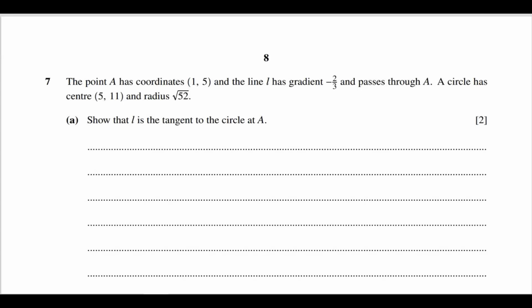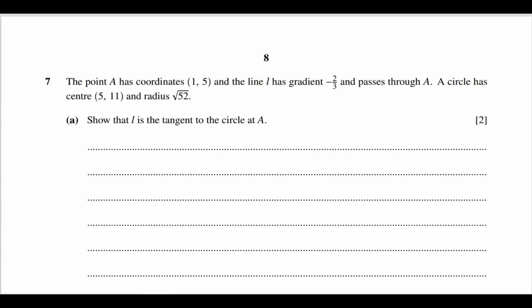Next, question number 7. The point A has coordinates 1, 5 and the line L has a gradient negative 2 over 3 and passes through A. A circle has center 5, 11 and radius square root of 52.